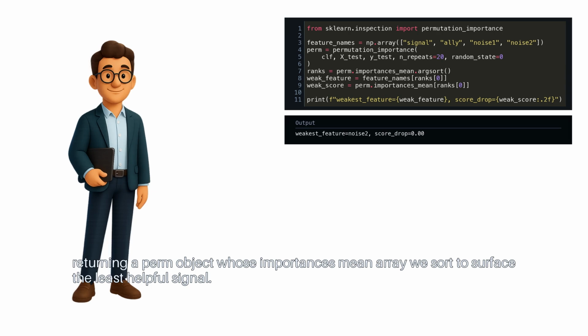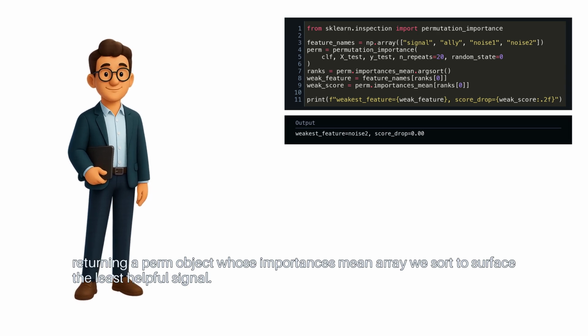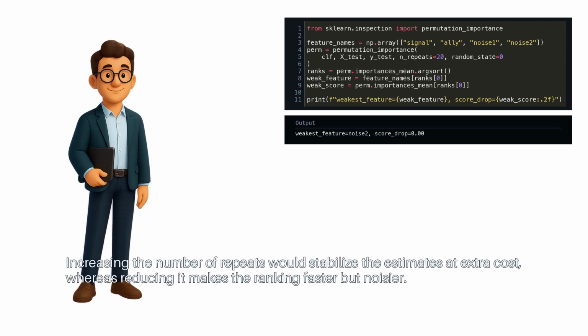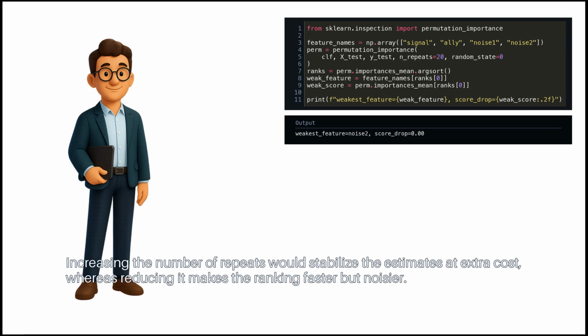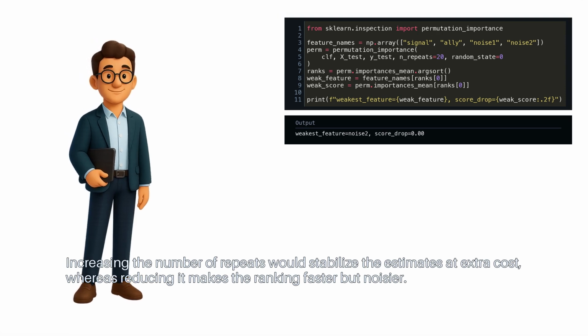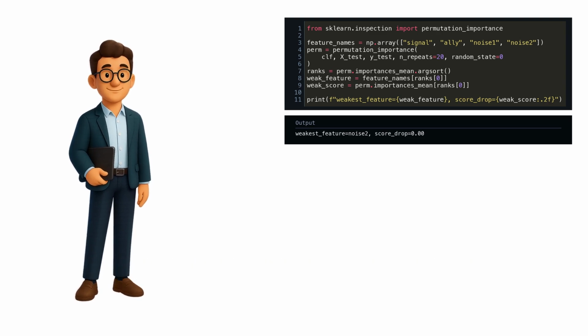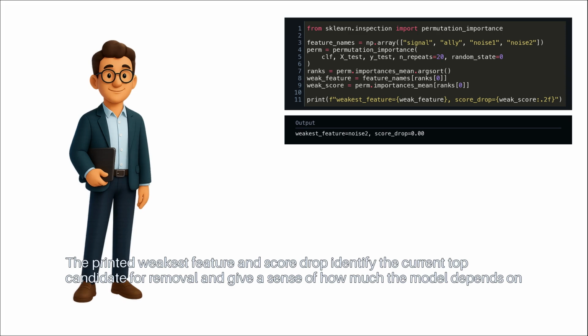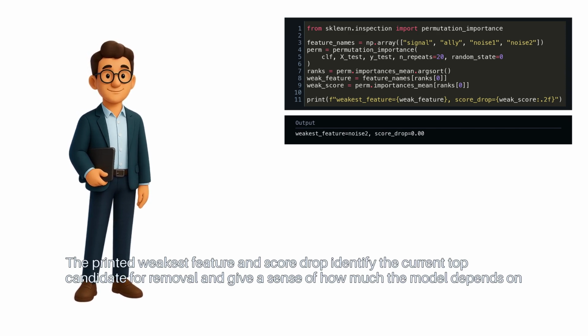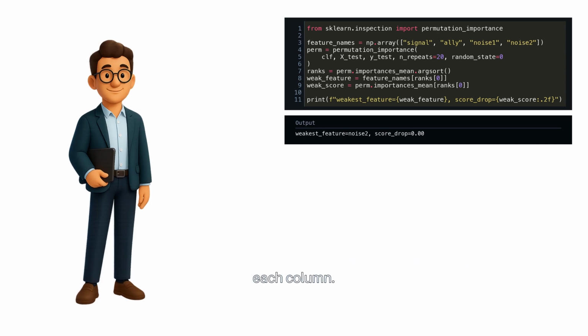Returning a perm object whose importances mean array we sort to surface the least helpful signal. Increasing the number of repeats would stabilize the estimates at extra cost, whereas reducing it makes the ranking faster but noisier. The printed weakest feature and score drop identify the current top candidate for removal and give a sense of how much the model depends on each column.